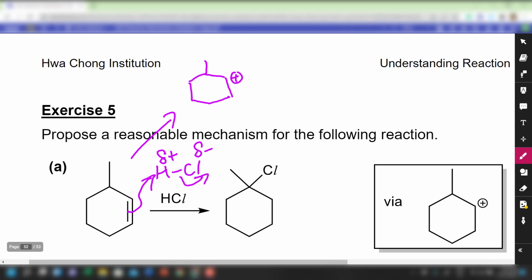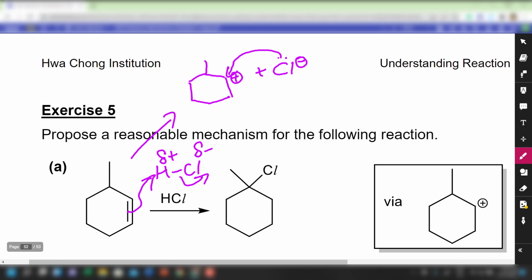But do take note that if the chloride that is given out attacks this particular secondary carbocation, we will not be able to get the products given to us. It is unlikely for us to get the tertiary chloroalkane if the chloride attacks the secondary carbocation.